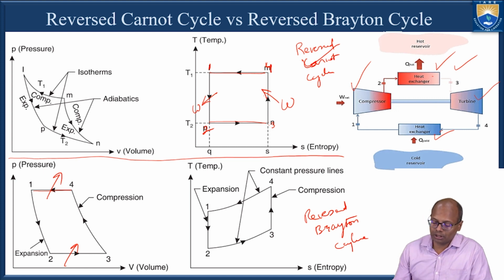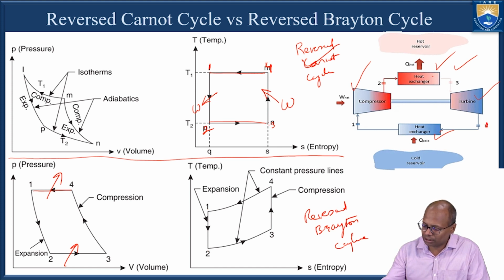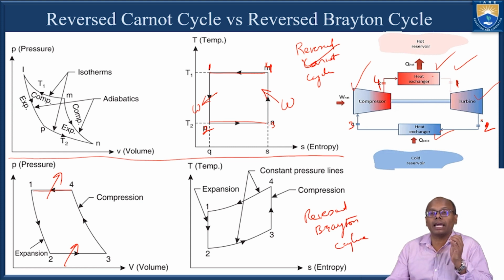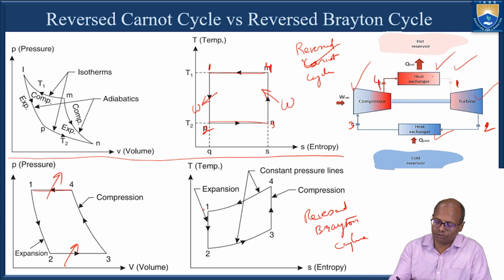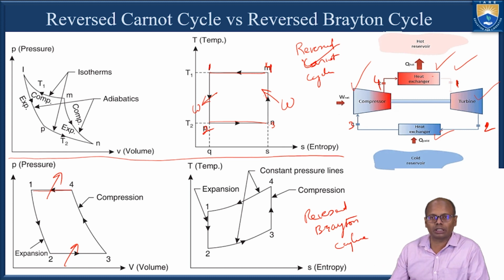Suppose the numbering is a little different here. This is from 1 to 2, an expansion process. So I can take this as 1, 2, 3, 4. The 1 to 2 is an expansion process, and it is a constant entropy process, or isentropic process.